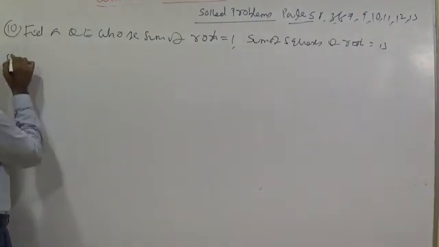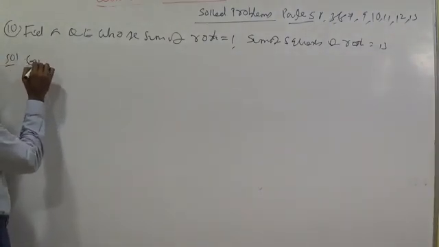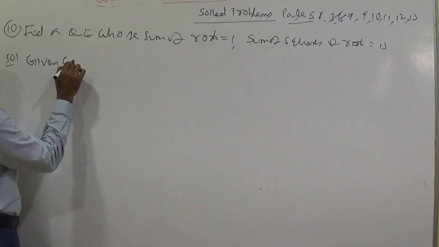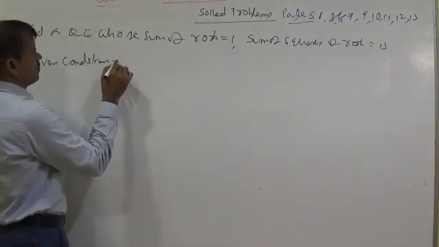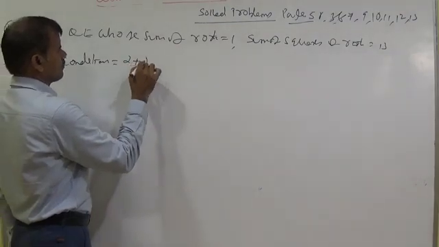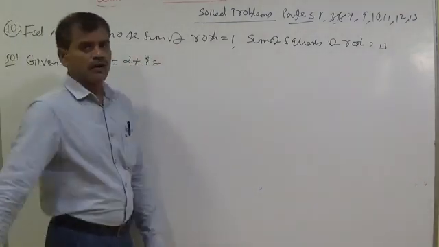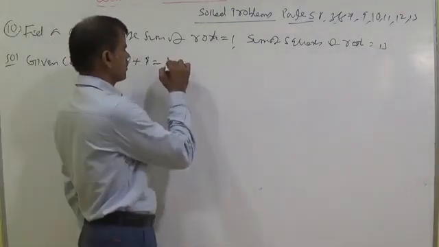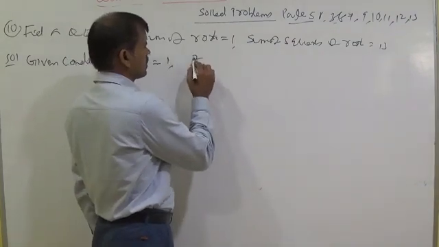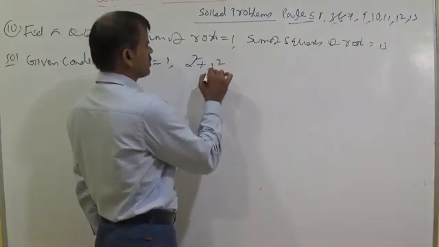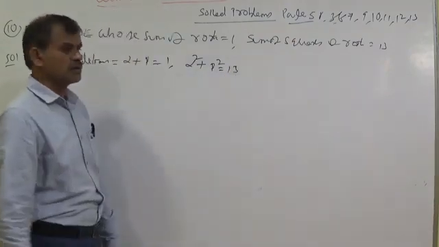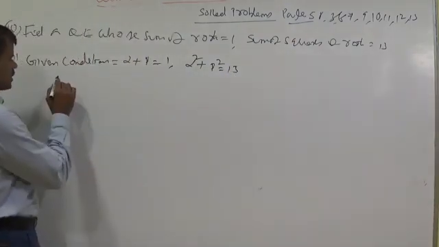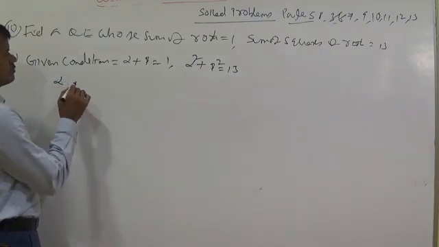So you can write the given conditions: alpha plus beta is equal to the sum of roots, it is 1. Next, the sum of squares of roots, alpha square plus beta square, is equal to 13. You should calculate alpha beta.